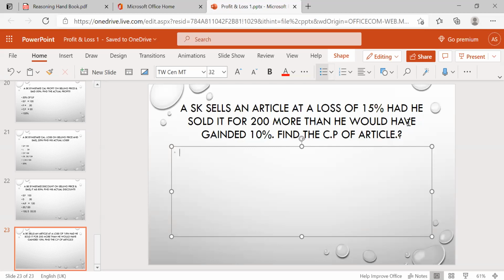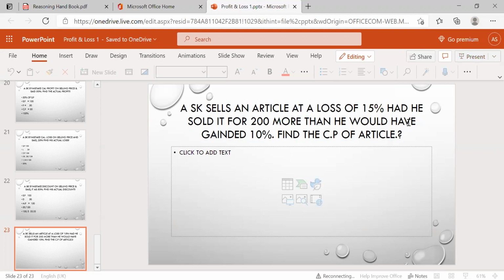See, he sold at 15% loss first of all. And then whatever the price, he increased it by 200 rupees on that selling price, then he got 10% profit.